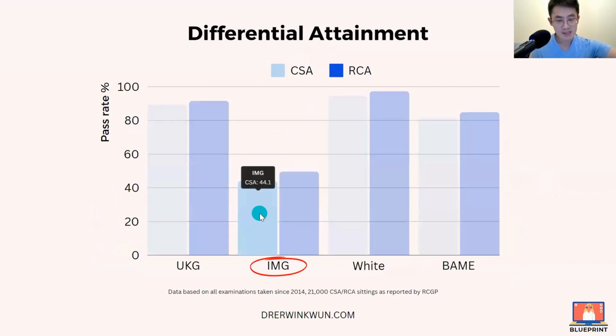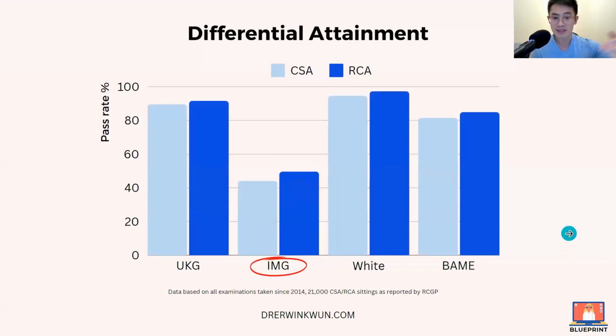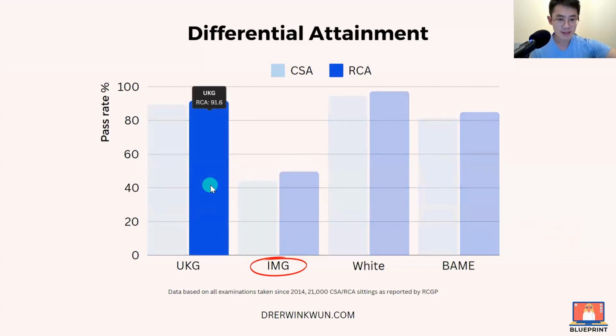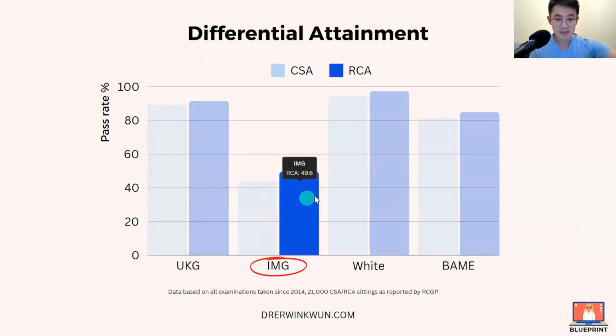And for the CSA exam, it was 44.1. So the new exam, we don't have the data yet from the college, but it's not looking great for the SCA exam because we already know that the pass rate is low. So if you compare this to a UK graduate, it's quite a stark contrast between 91.6 and 49.6.